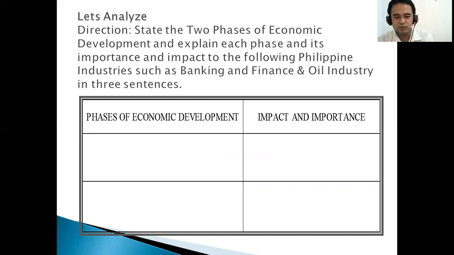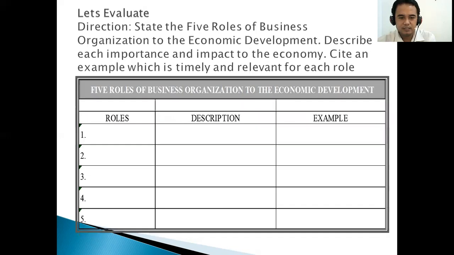You can answer this, and state the 5 roles of the business organization in economic development as we have discussed a while ago. Describe each importance and impact to the economy. Cite an example which is timely and relevant for each role. So 1, 2, 3, 4, 5.